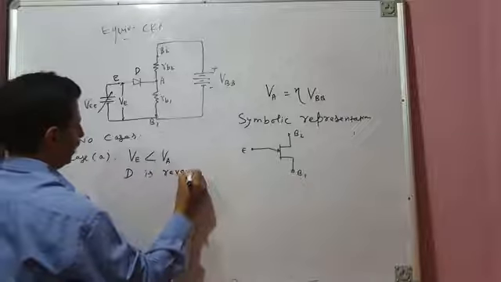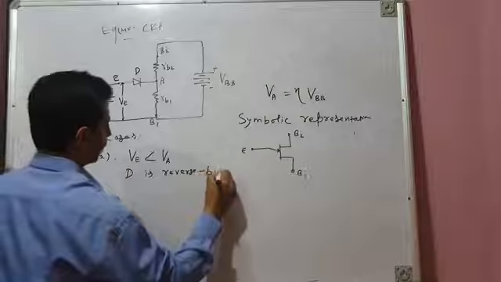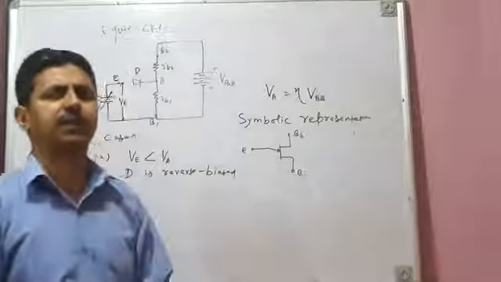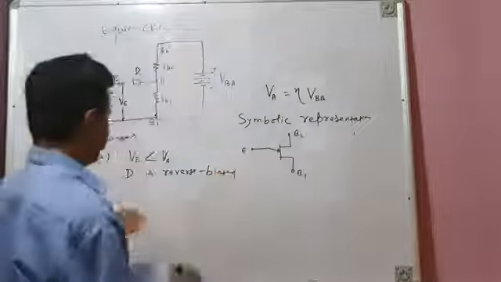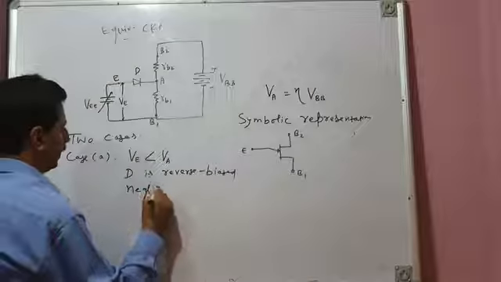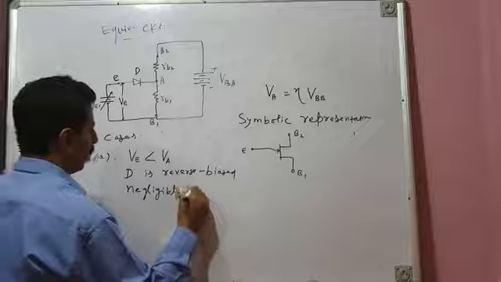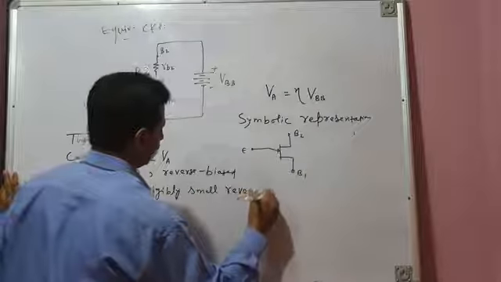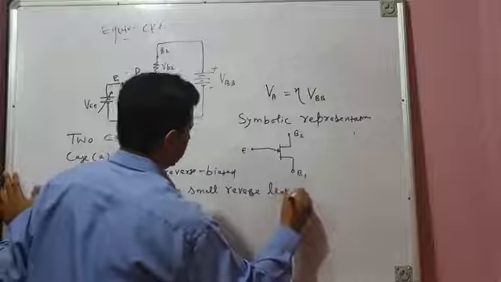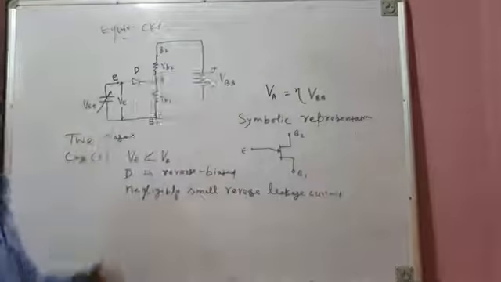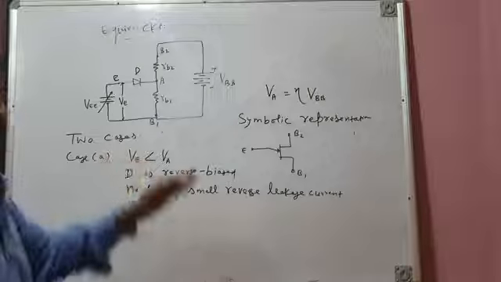Because of that, the UJT will remain in the off state except for a very small, negligible reverse leakage current that will flow through the UJT. So it is virtually in the off state.